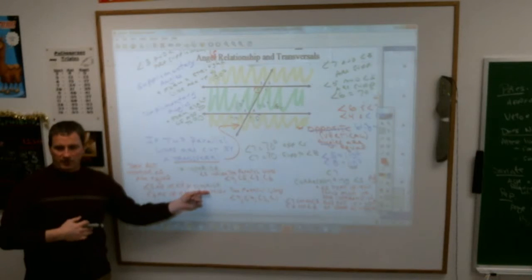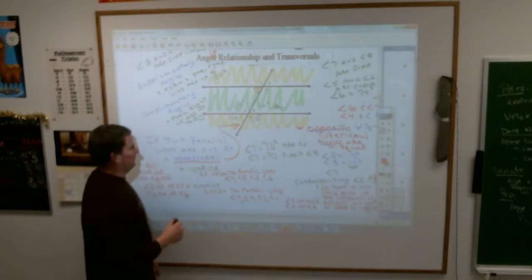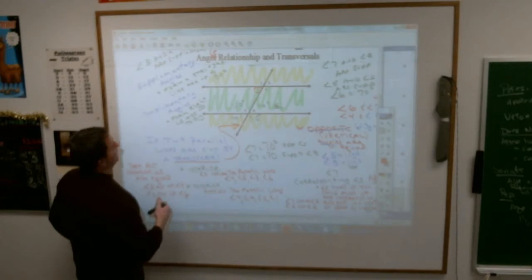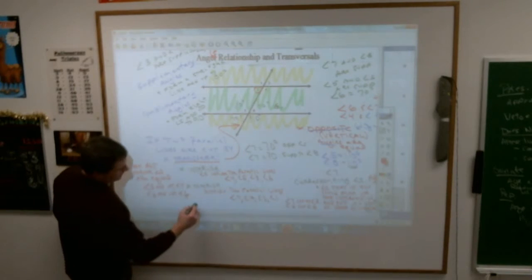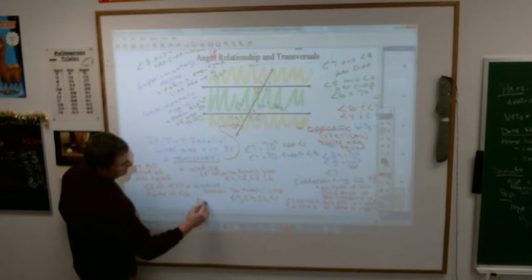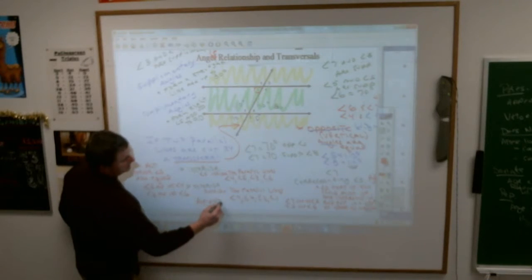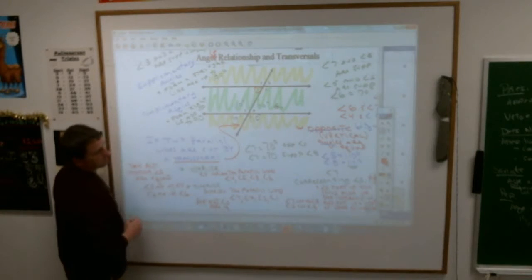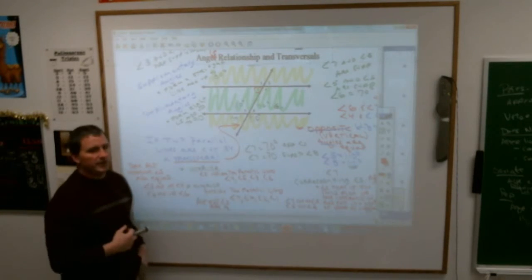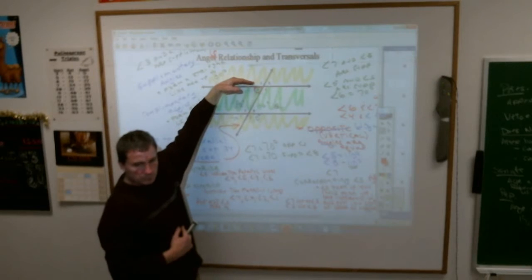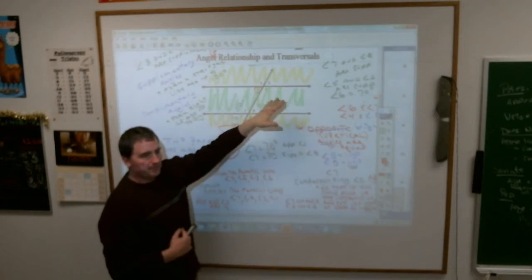Alternate exterior angles are equal. Thank you very much. I might even have enough room to write that down. Alternate exterior angles are equal. And remember, when you're talking about exterior, we're just talking about the ones in the yellow. And alternate means they flip-flop sides.